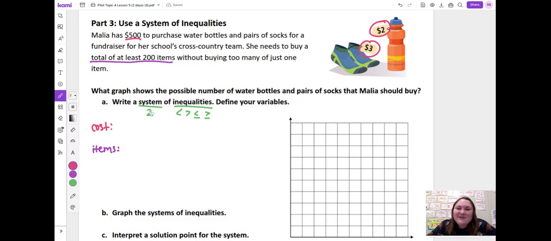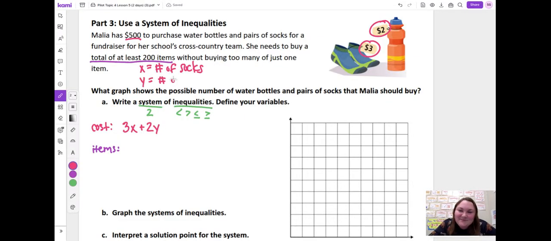For our cost, when I put it all together, I know that each pair of socks costs $3. So we could say $3 multiplied by the number of socks. And I'll write that down. X is going to represent the number of socks she's buying. We know she's also paying $2 for each water bottle. So 2 multiplied by the number of water bottles.